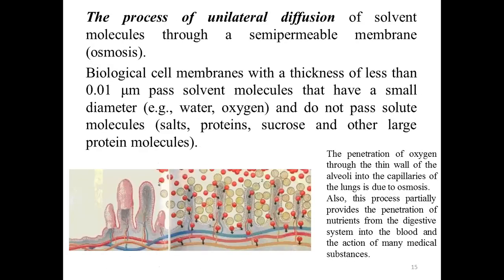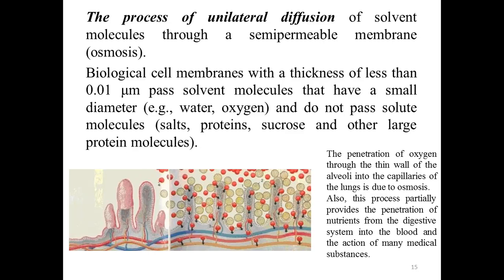What is important in such consideration? The process of unilateral diffusion of solvent molecules through a semi-permeable membrane is osmosis. If we consider biological cell membranes with a thickness of less than 0.01 micrometer, they pass solvent molecules that have a small diameter, for example, water or oxygen, and do not pass larger molecules such as salts, proteins, sucrose, and other large protein molecules.